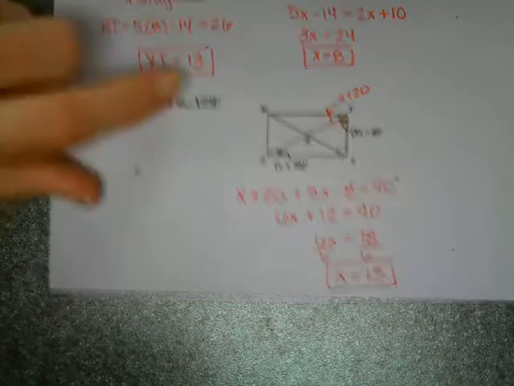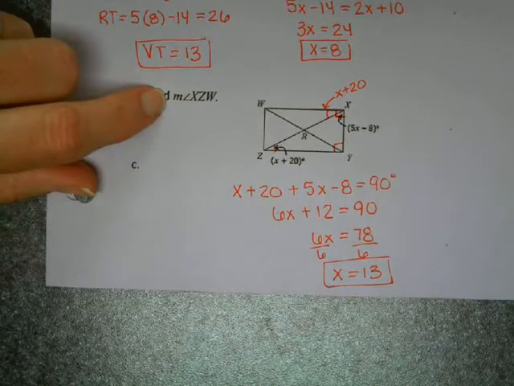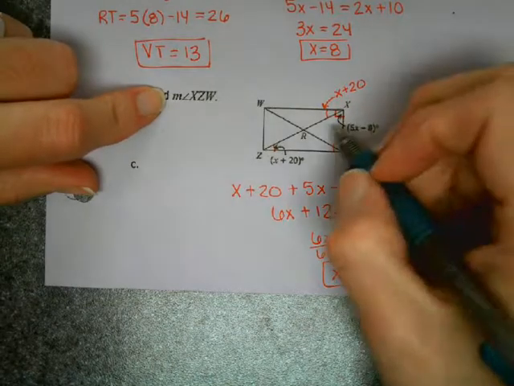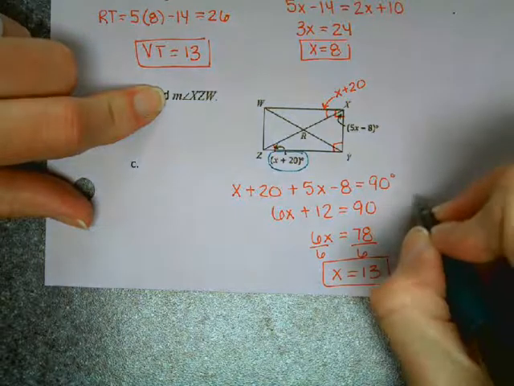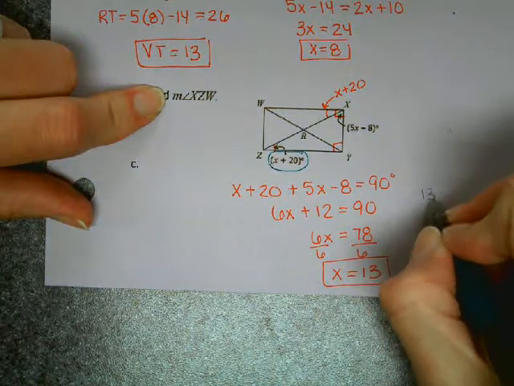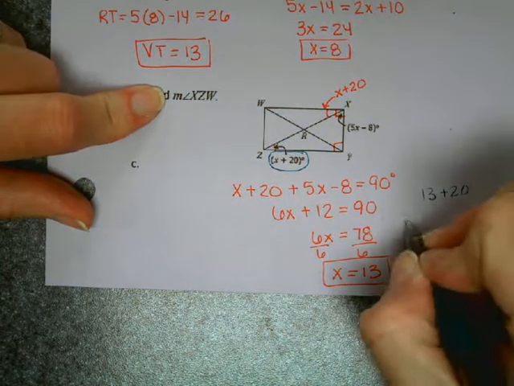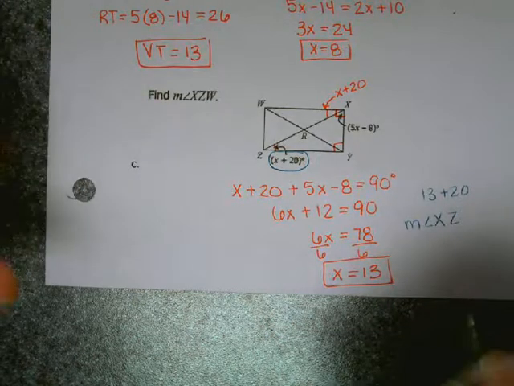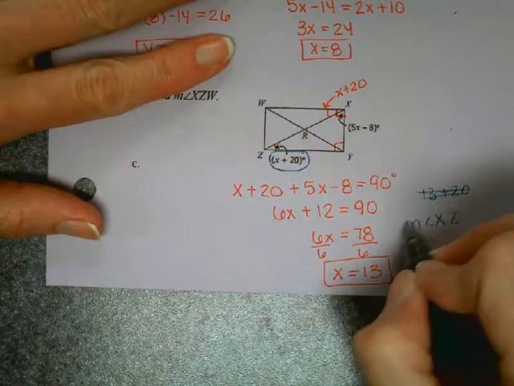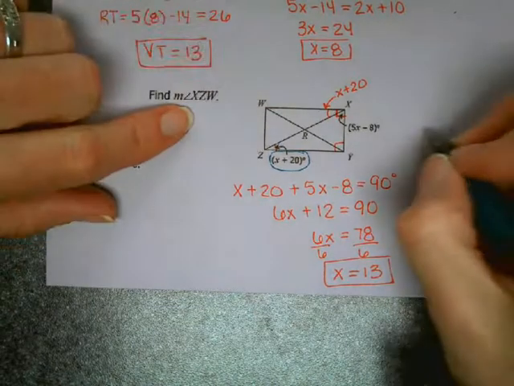So let's see. Find the measure of angle XZY. So let's look in this picture. XZY is this angle down here. So I'm going to plug it into that. 13 plus 20. Measure of angle XZ. Oh, I did XZY. It asked for XZW. Scratch that.